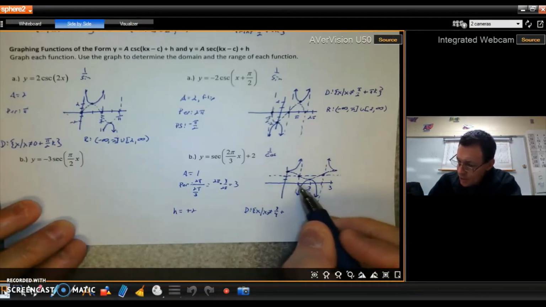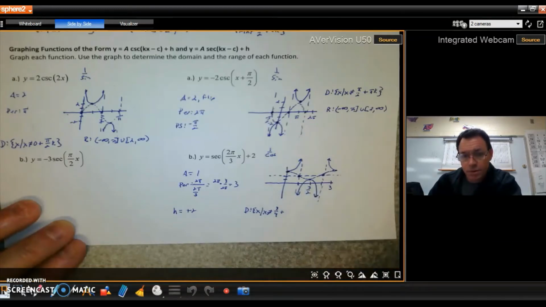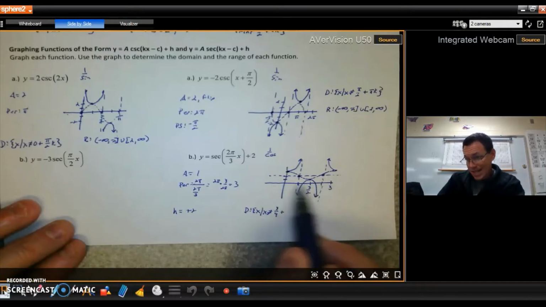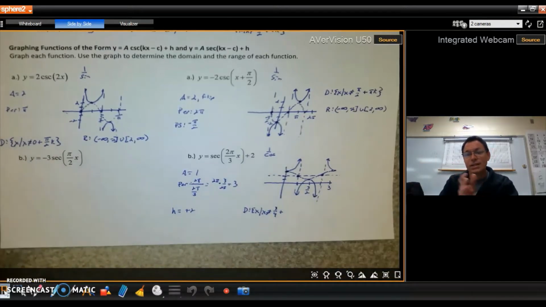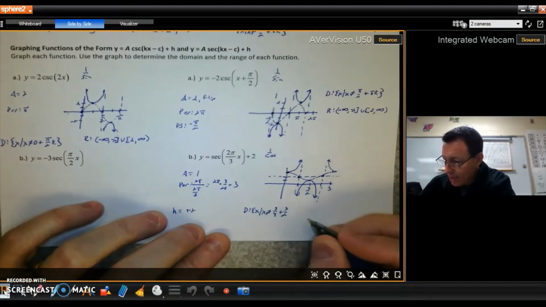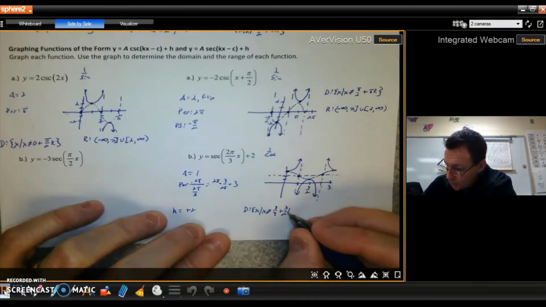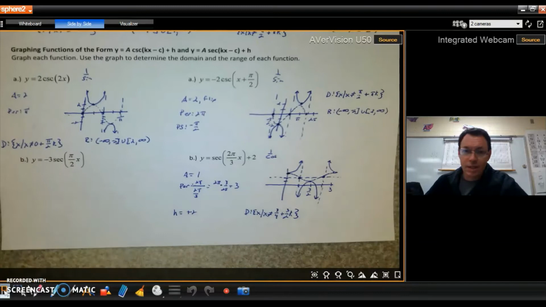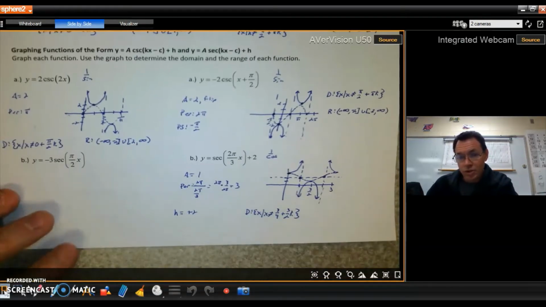So notice the distance between this vertical asymptote and this vertical asymptote is 2 intervals. For our x-axis, 2 intervals is 3 halves. So that's where you're going to find the next vertical asymptote, 3 halves away. And then another 3 halves, and another 3 halves. So any multiple of 3 halves. Now I know that one's kind of tricky, so I just need you to understand the concept of what's going on, but that is where the domain restrictions are.